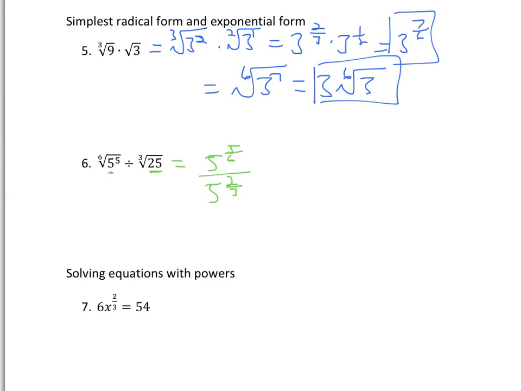Now, when you have something like this, you can just treat them like regular exponents, subtract the exponents. So 5/6 minus 4/6 is going to be 1/6, so 5 to the 1/6 power, which is the same as the 6th root of 5.